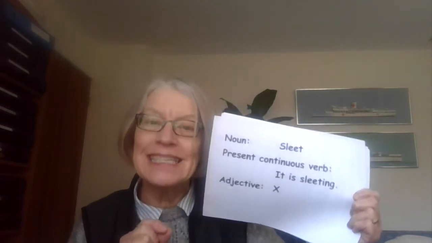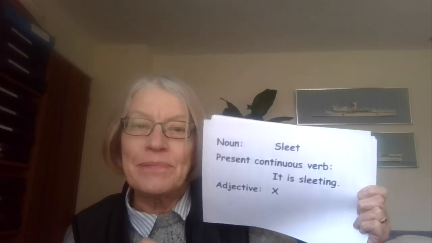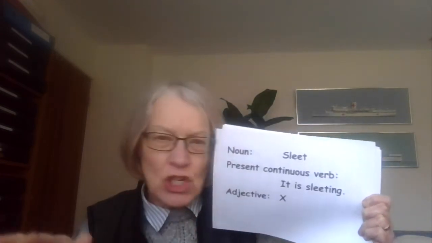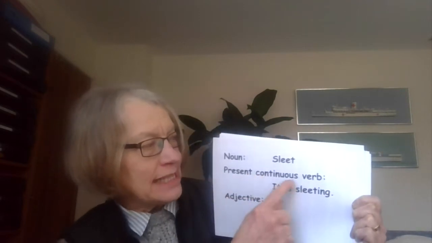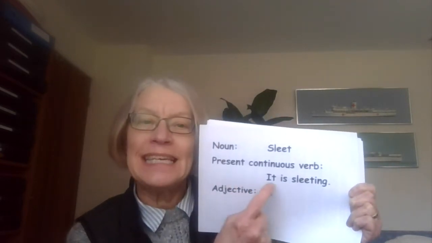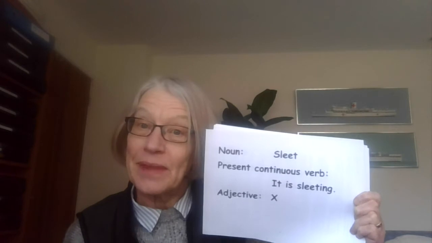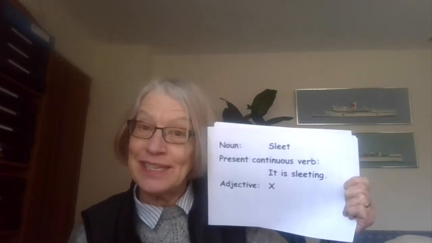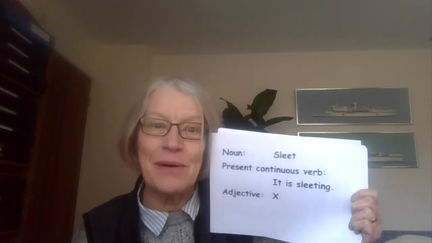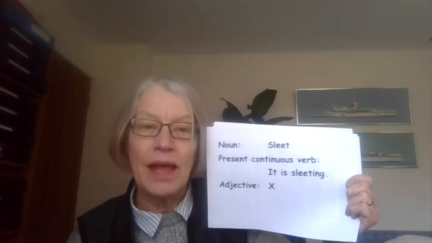And we call it sleet. It usually doesn't stay on the ground. It usually goes. The present continuous of the verb is it is sleeting. So your task is to write the past continuous and the future continuous of that verb.